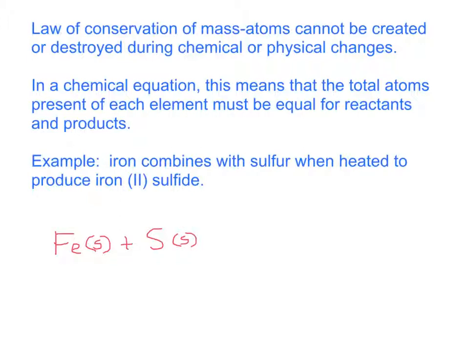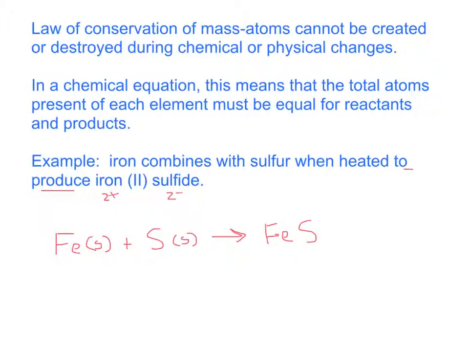The words "to produce" tell me that's my arrow. And then iron(II) sulfide, that means it's iron 2 plus, and sulfide is 2 minus. So that means it's just going to be FeS, because remember, we always reduce ionic formulas to their empirical formula. So FeS would be the empirical formula.